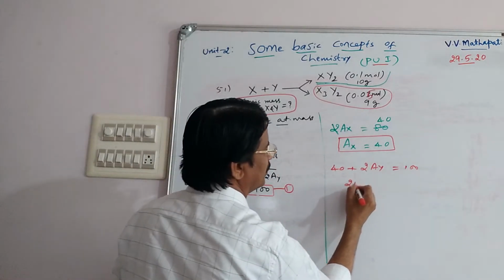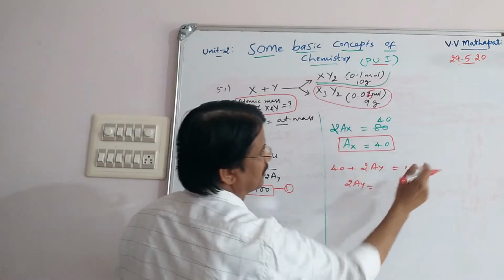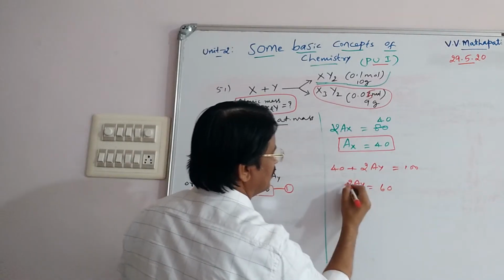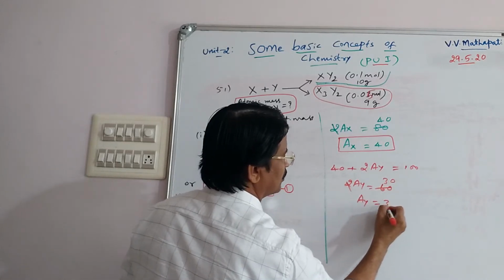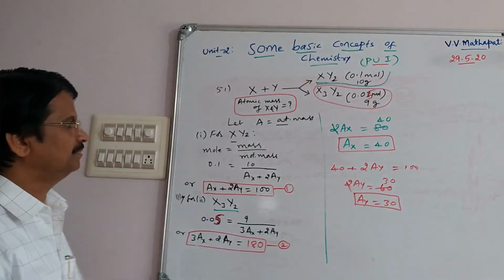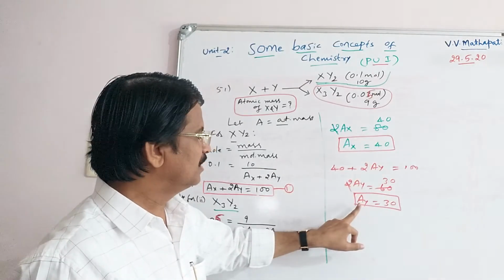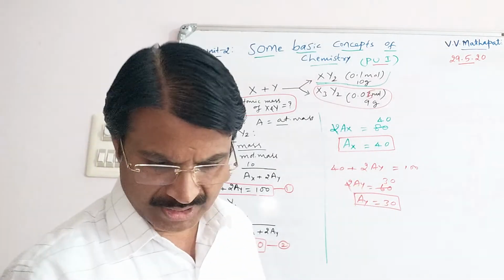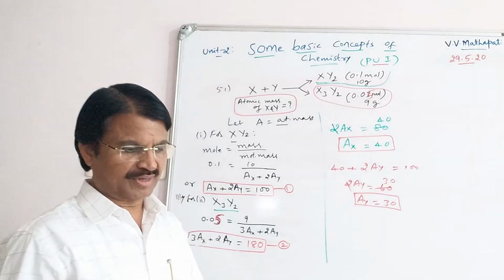Then 2Ay equals 60, so Ay equals 30. The atomic mass of X equals 40 and Y equals 30, which is given in option number 1.